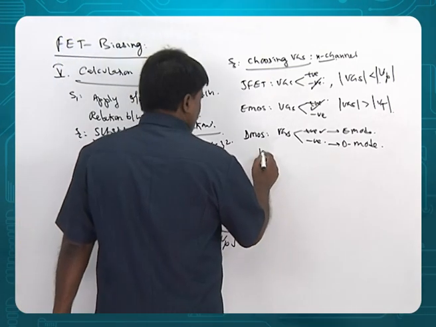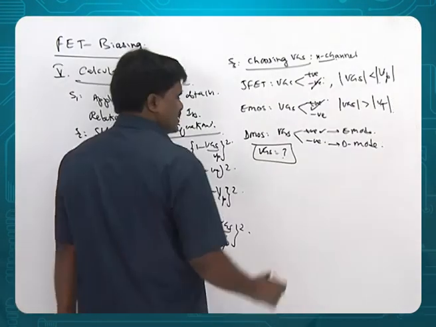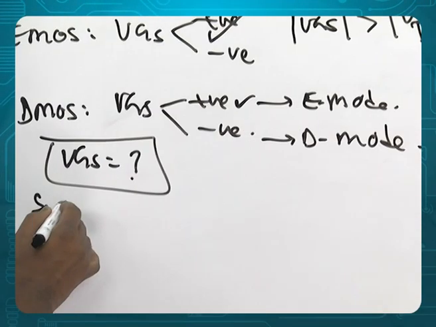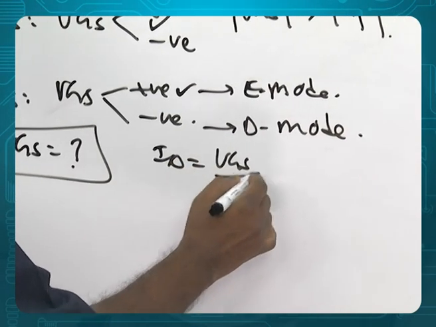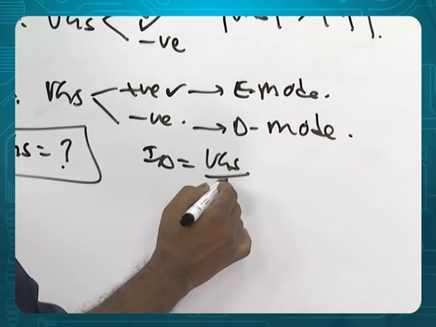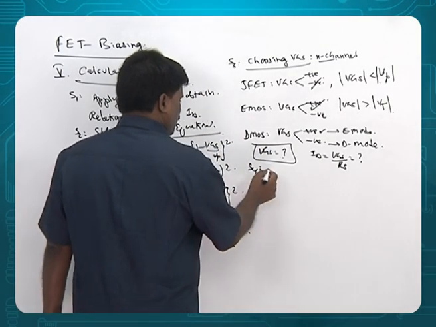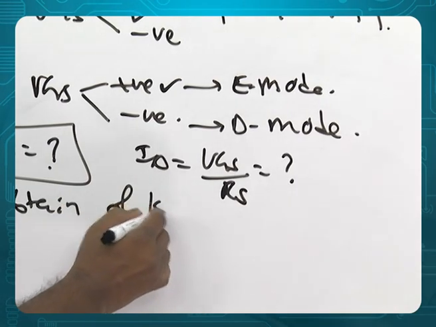So, we have finalized the value of VGS. Once you get VGS, calculate ID from whatever relation you got. Step 4: obtain output KVL.